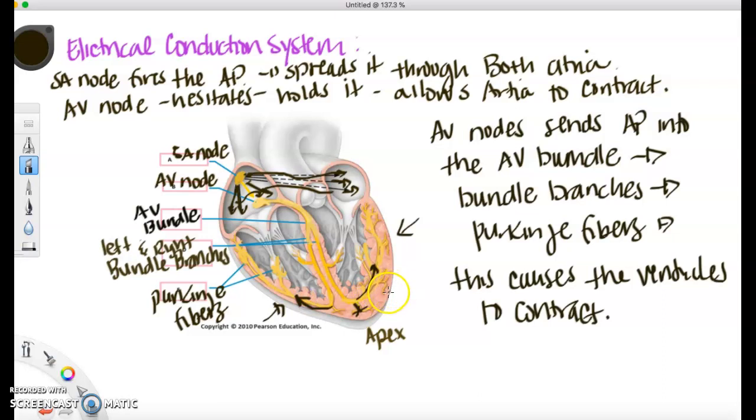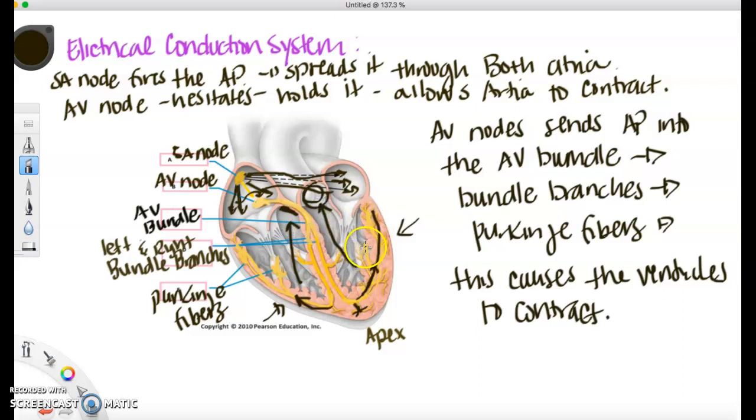So that means the contraction is starting here at the apex and then going up, which makes sense because the aortic semilunar valve is there, the pulmonary semilunar valve is there, so it has to push the blood up to get it out.